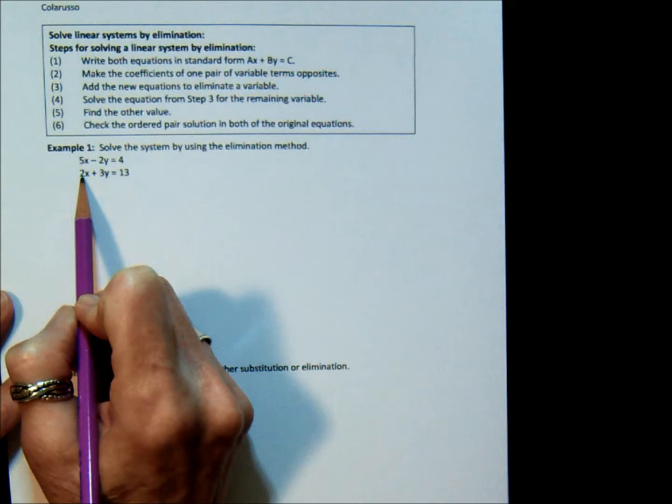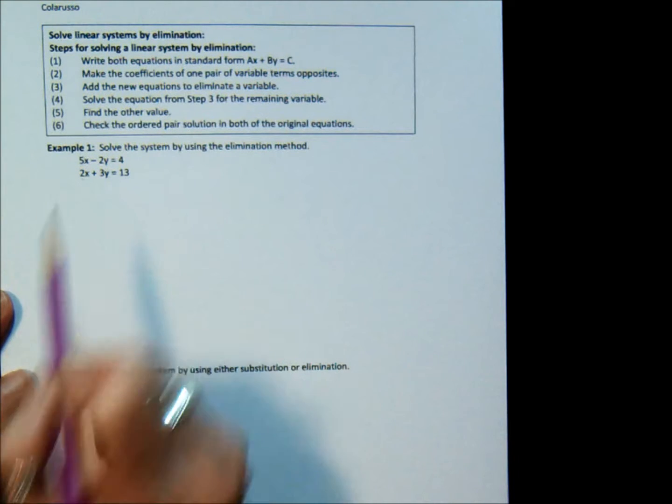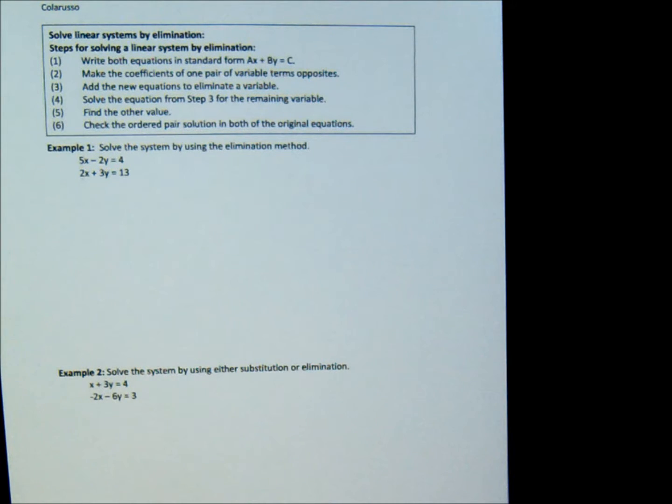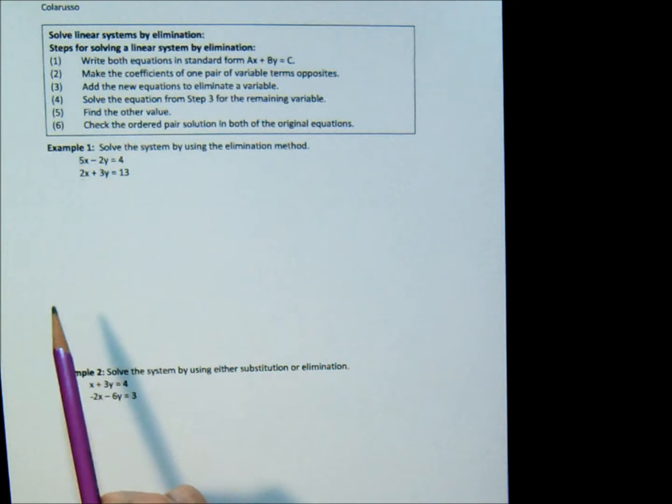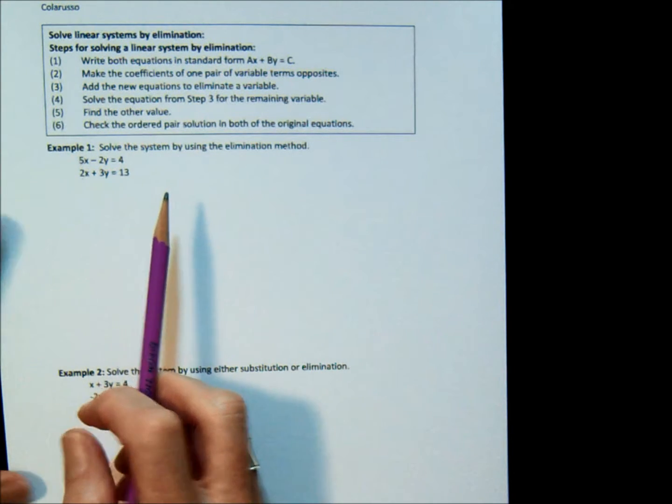So instead, I'm going to go on the premise that I am allowed to multiply both sides of an equation by the same number and not change that equation's value. You learned that when you were first learning to solve equations.